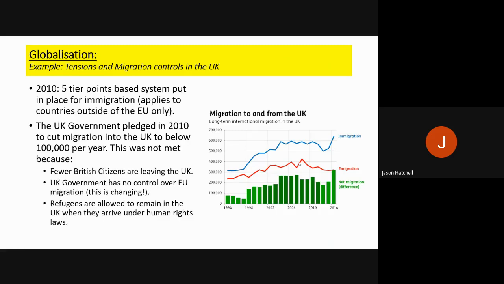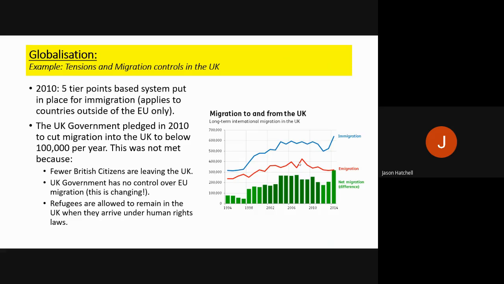And the UK government also pledged in 2010 to reduce migration into the UK to below 100,000 per year, but that target was never met and never could be met. And the reason for that was that there's fewer British citizens leaving the UK. Immigration is actually reducing and falling. The UK government has no control over migration at all from the EU because of the EU freedom of movement rules.